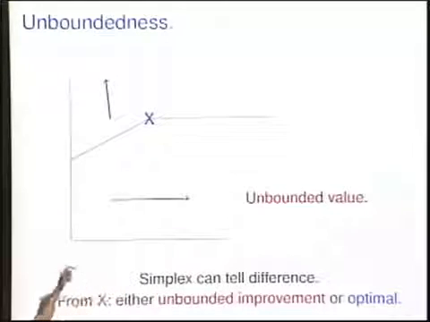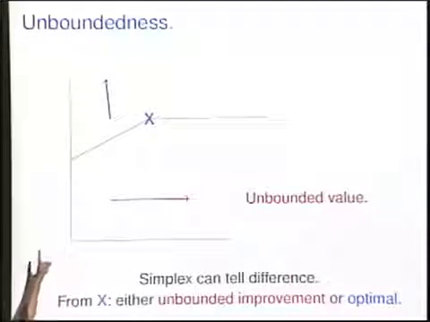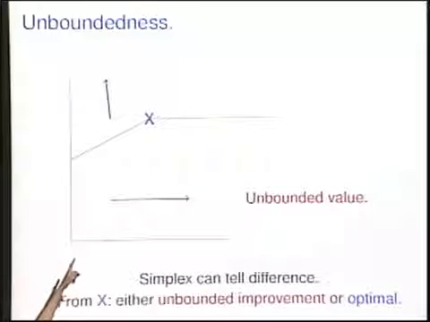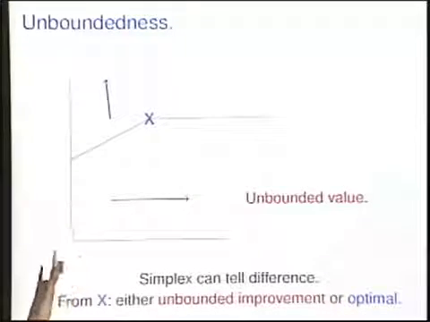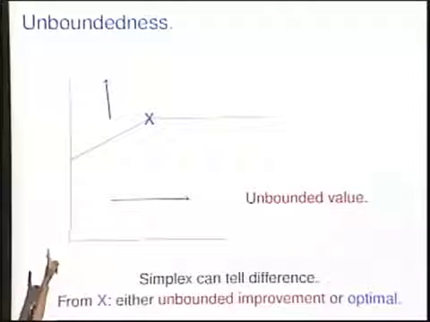Moving that way actually is in the opposite direction from the blue line. So there's no benefit to moving that direction. And there's no benefit to moving this direction. So therefore, this x is optimal if the optimization function is in the blue direction.